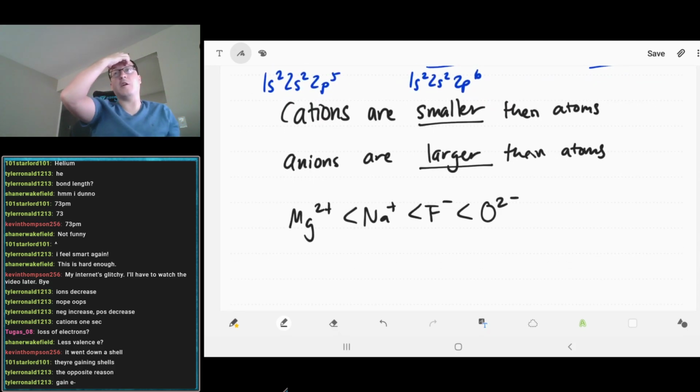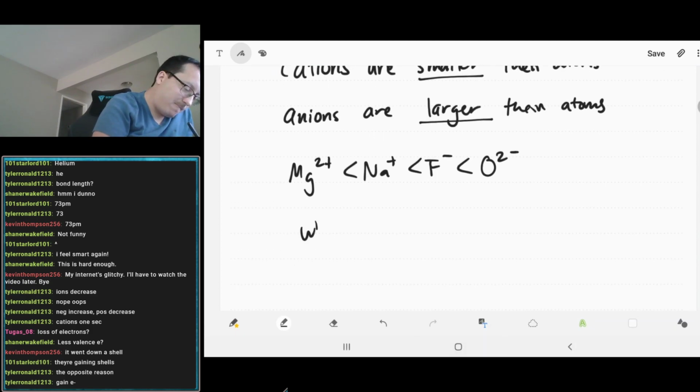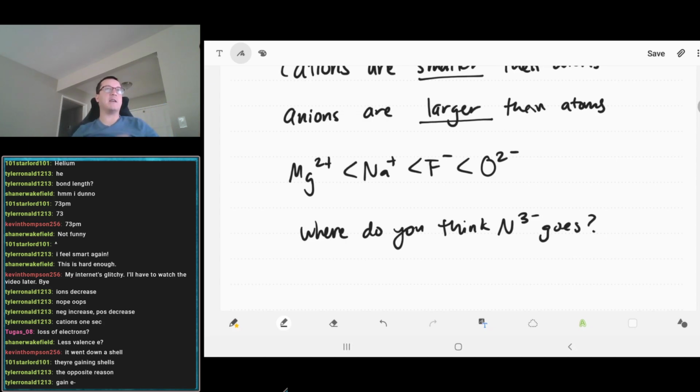If we're to use our predictive power, where do you think we would put nitride in this order of things? Where do we think that's going to be?